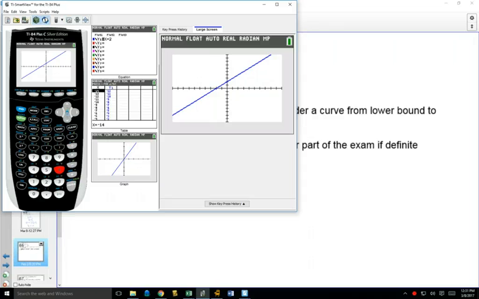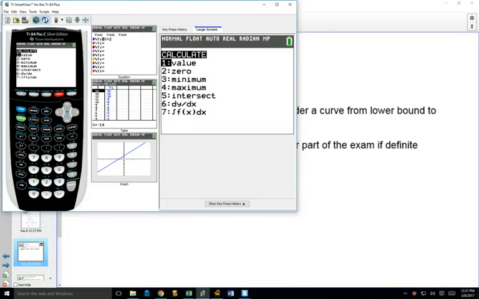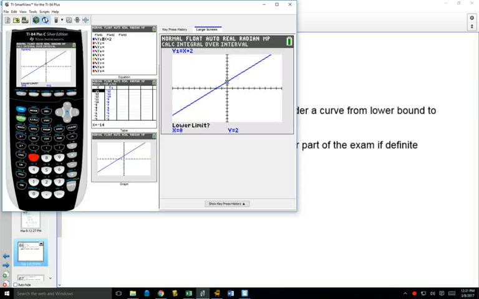So there's x plus 2. Second, calculate, number 7. It says, what's your lower limit? We want to go from 1. What's our upper limit? We want to go to 3. And it even shades it in there nicely for you and shows you that area, that the area is equal to 8.